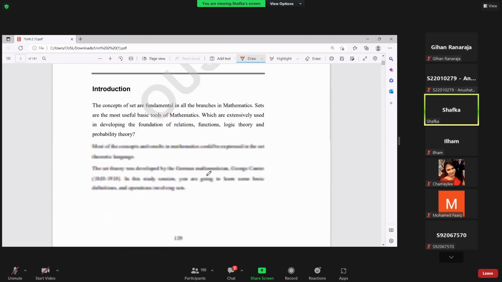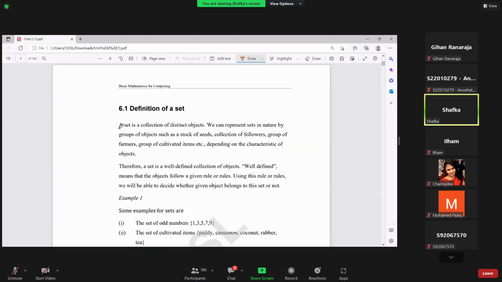let's move to the definition. A set is a collection of distinct objects. Okay. And if we are going to represent a set, we can represent it as wording, or we can represent it in a graphical way, or just the elements.